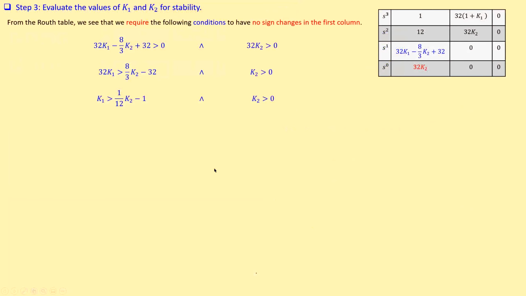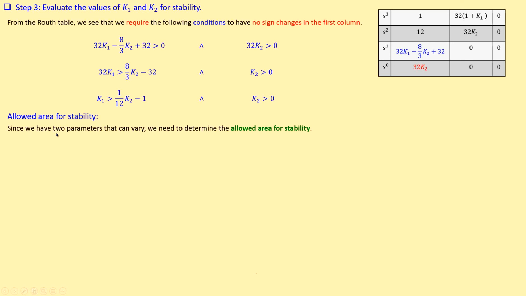Let's check that. Now again, I have the table and also the required conditions. For this system, because we have two parameters, we need to check for an area of stability, the allowed area for stability. Since we have two parameters, we need to check that in terms of area, not in terms of a line.